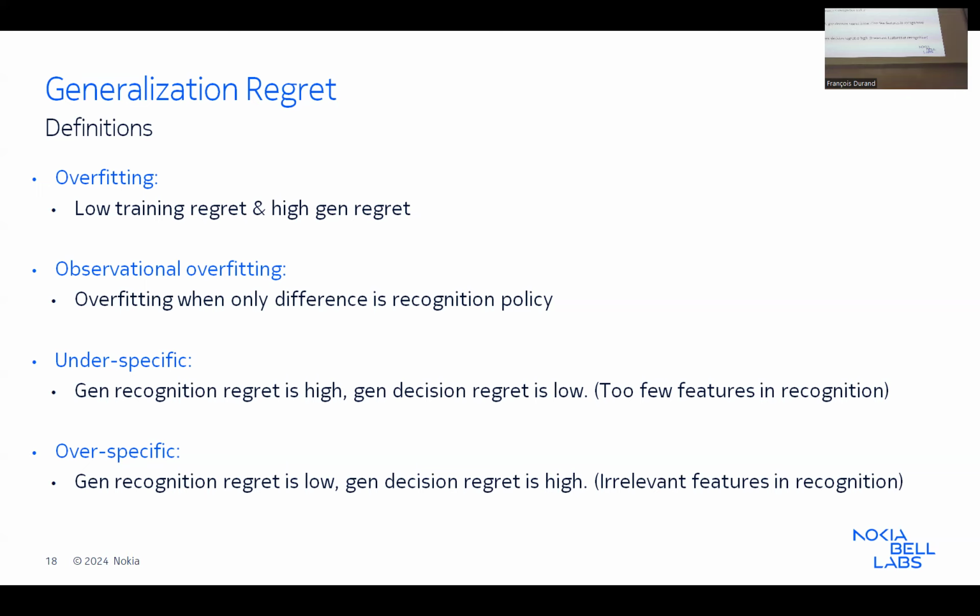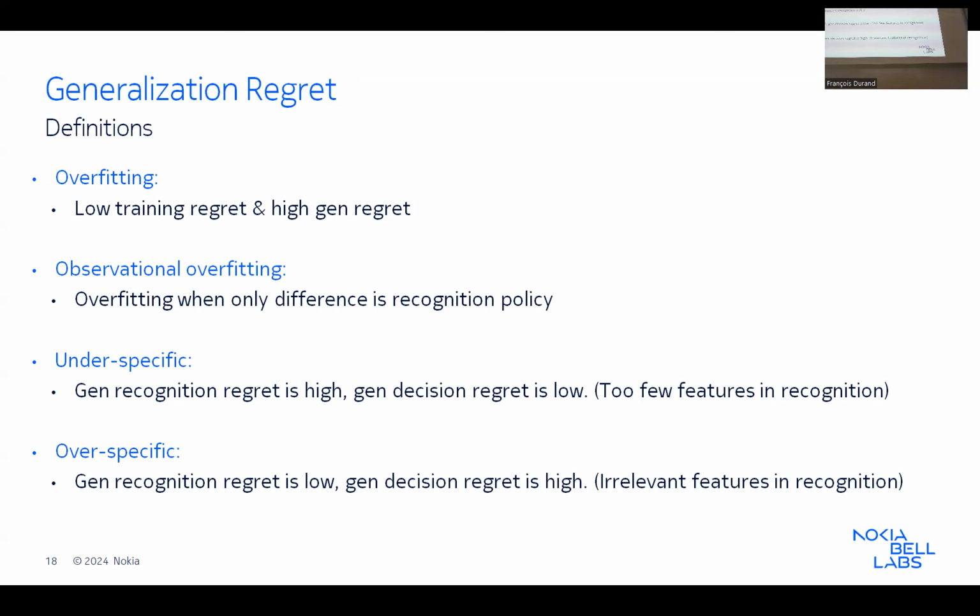Observational overfitting is where we have overfitting, but the only difference between the two environments is in the recognition policy. You can think of it as taking away the colors in the numbers from the previous example.